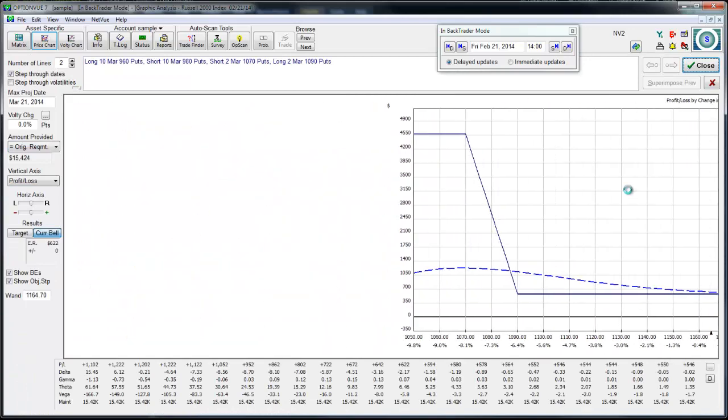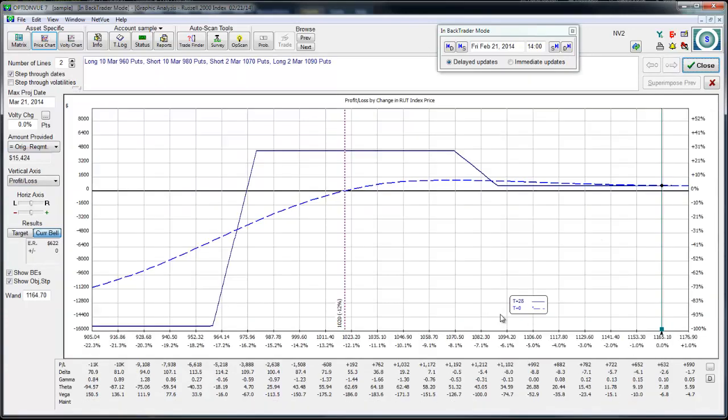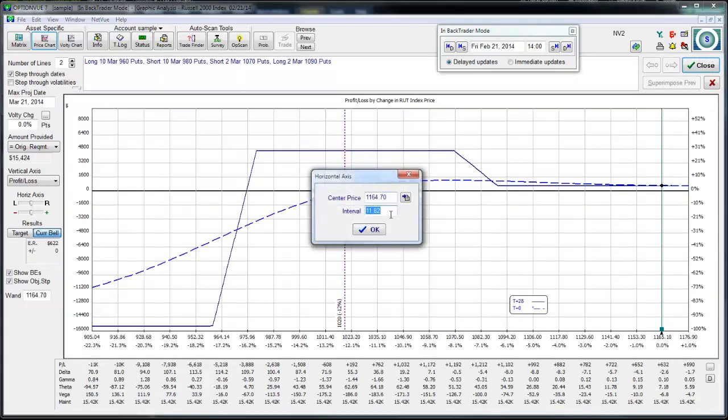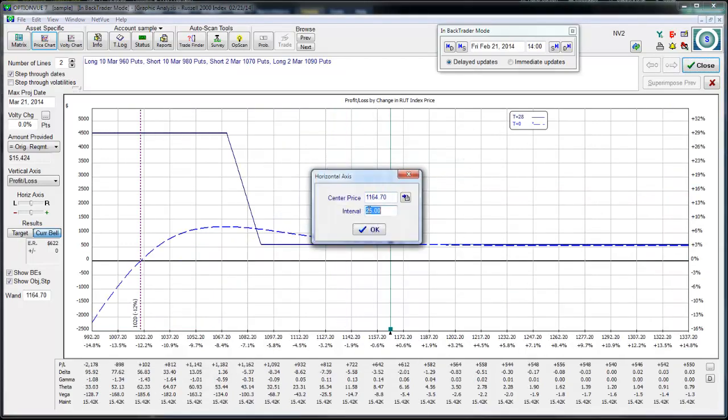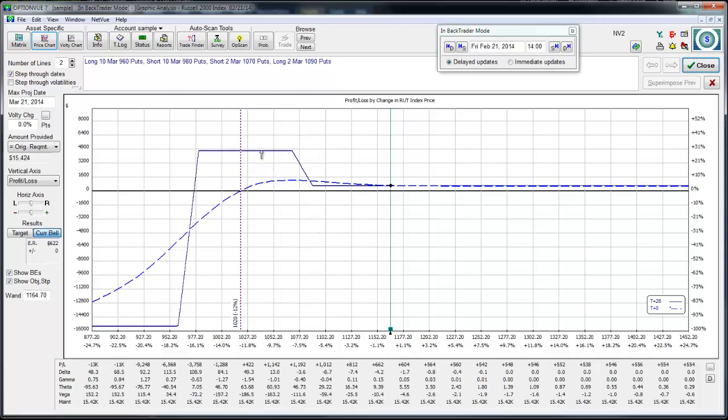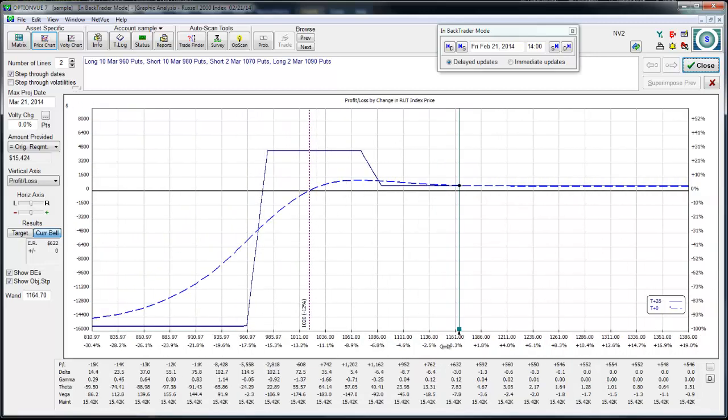And why is that? Because look at how far away we are. Let's go ahead and make this interval a little bit smaller. Look how far away we are from where the options that we have bought and sold are. We're way, way, way far away. As you get farther away, if you look at all of these down here, you've got Delta, Gamma, Theta, Vega.